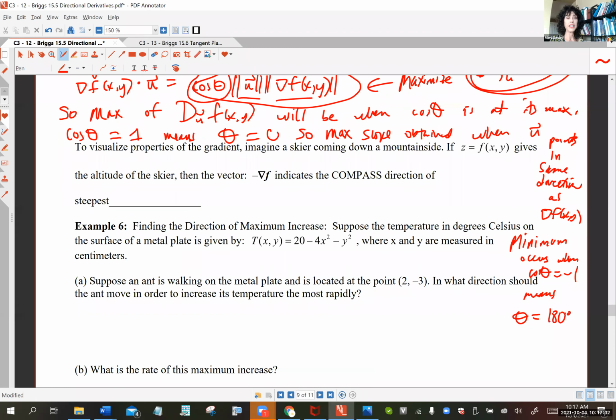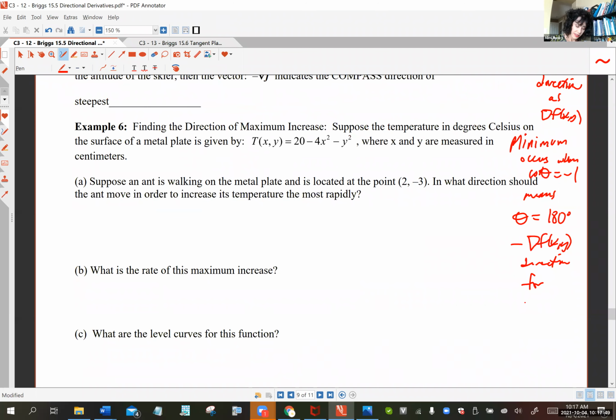So if you want to get your minimum slope, just go in the exact opposite direction of your gradient. Negative del f is the direction for steepest descent. Okay, and I'm done with your slope.